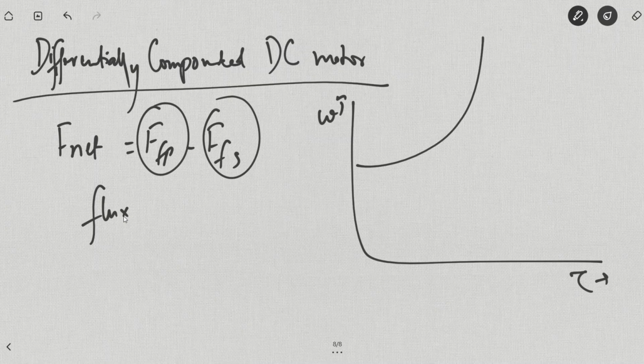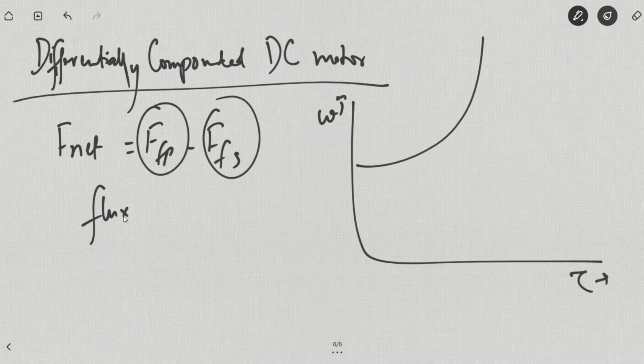With the decrease in flux the motor tends to speed up, since we have established already that the speed is inversely proportional to the flux. So as the flux decreases, the speed of the motor increases. It will keep on increasing because as the torque induced will increase, this FFS will keep on increasing.